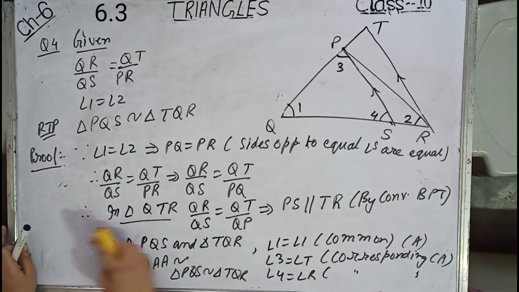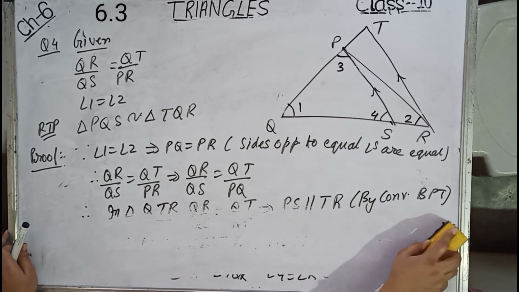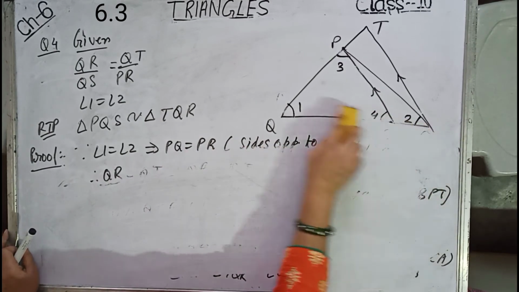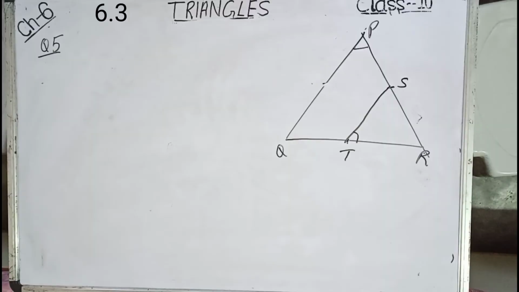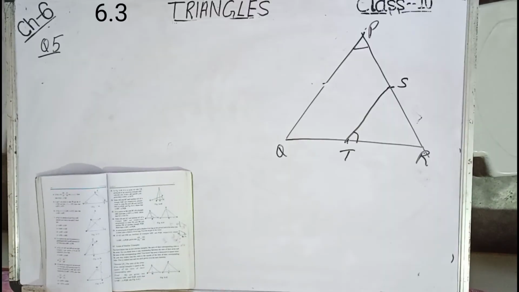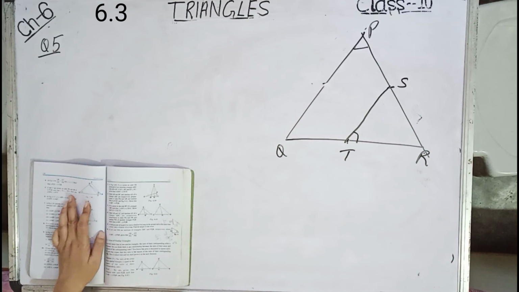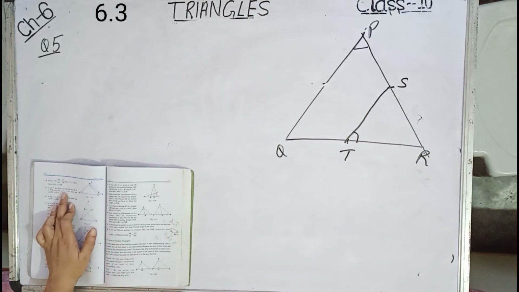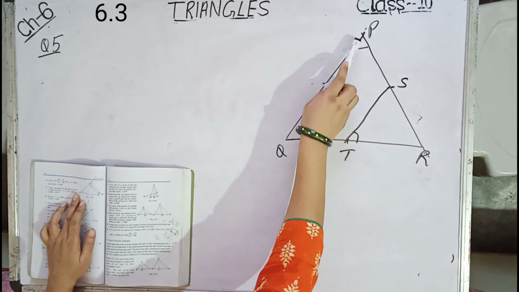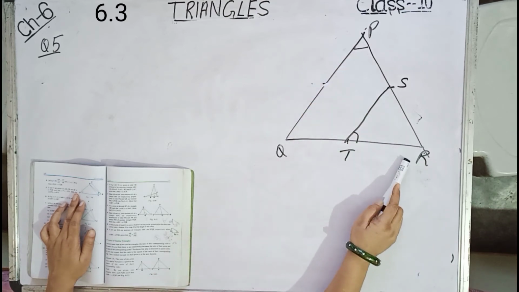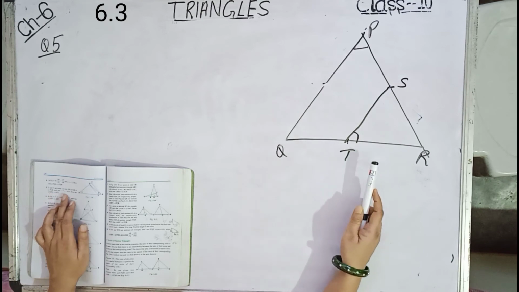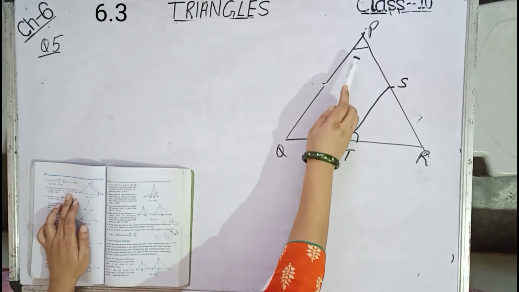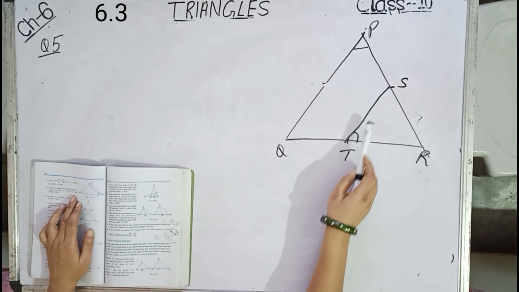Let us move to question number 5. Question number 5 is saying that S and T are points on sides PR and QR of triangle PQR such that angle P equals angle RTS.